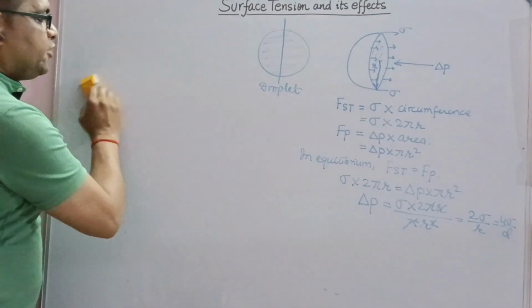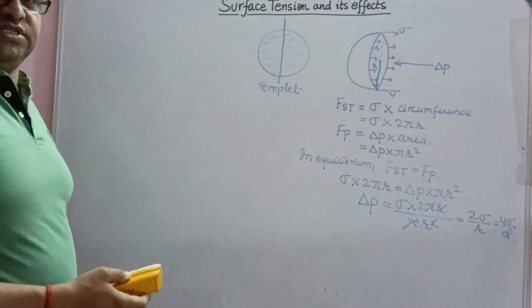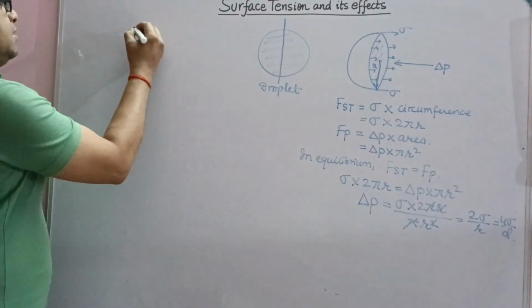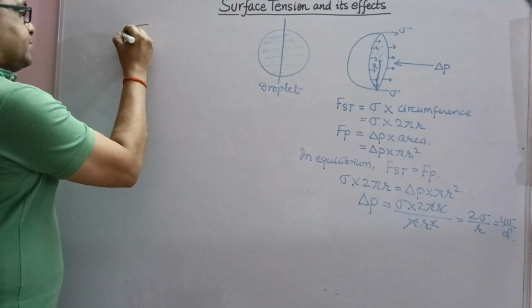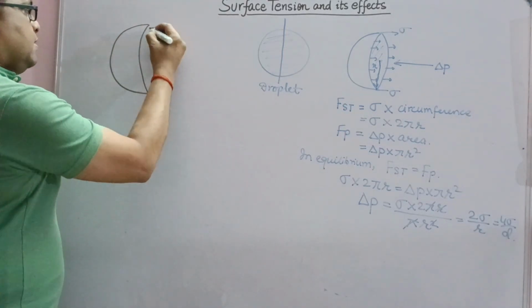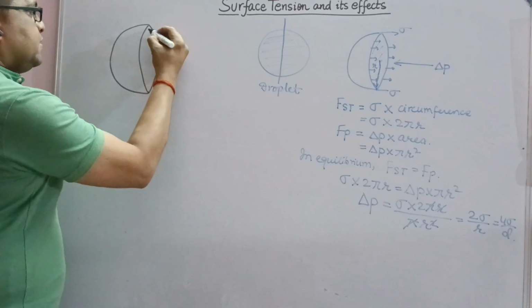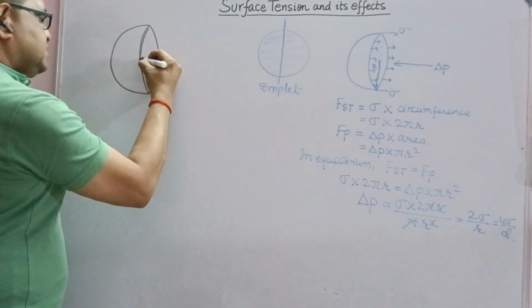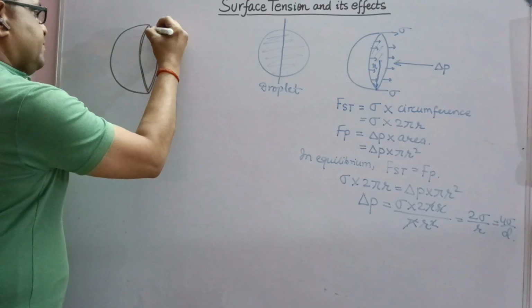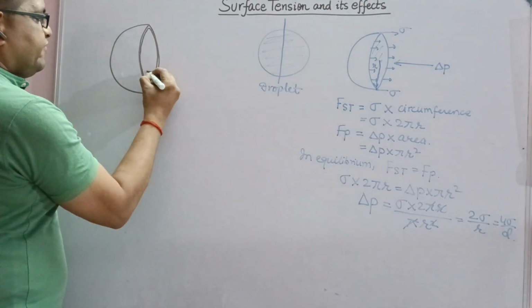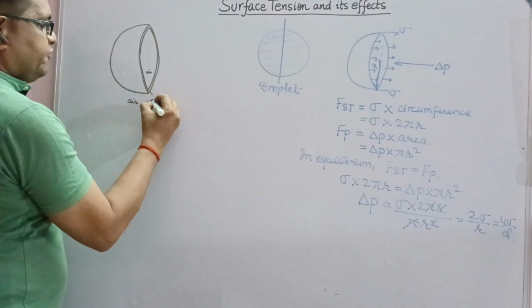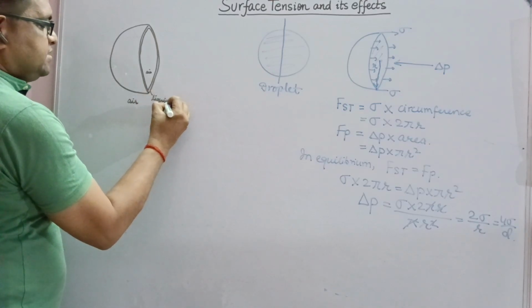See, in case of a liquid droplet, we have just one interface which is formed, but in case of a bubble, we have two interfaces. Let me again draw the half of the bubble. So we have two interfaces that are existing in case of a liquid bubble, because inside we have air, outside also we have air, and this is the liquid for which the bubble is.